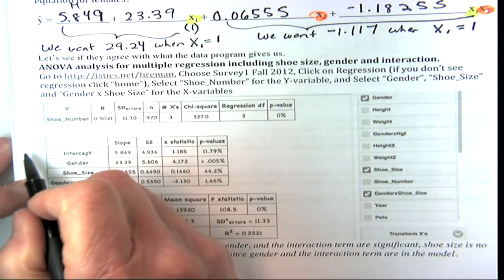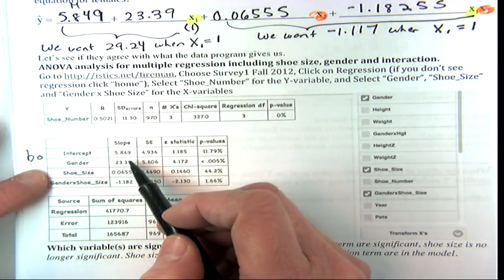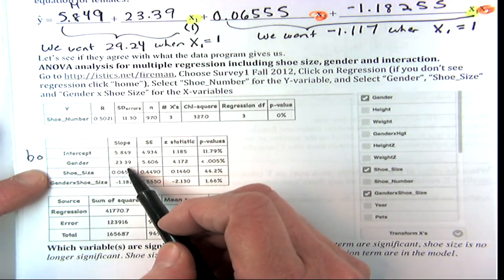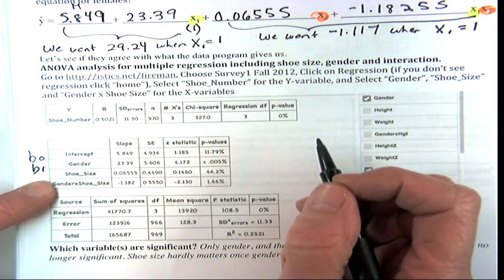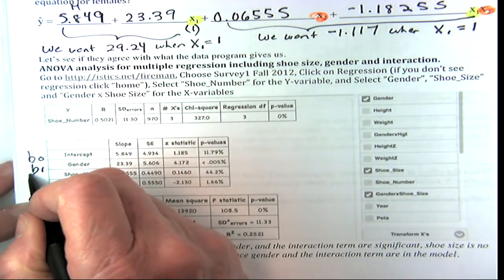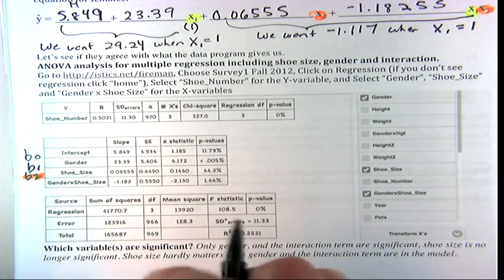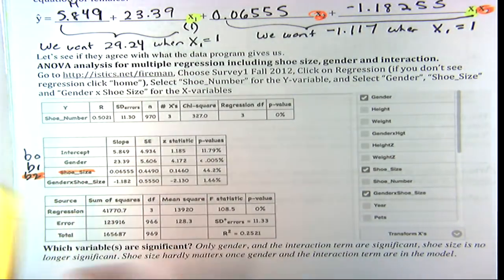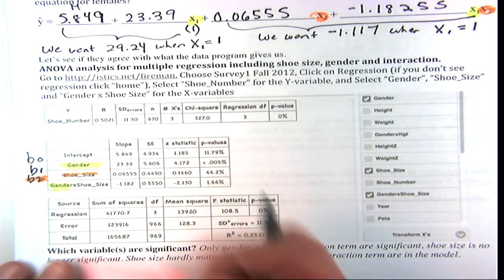Our intercept, this is B naught. It matches up, 5.849. The gender slope, 23.39, that matches up. The shoe size slope, this one matches up. That was this one. And this is the interaction one.